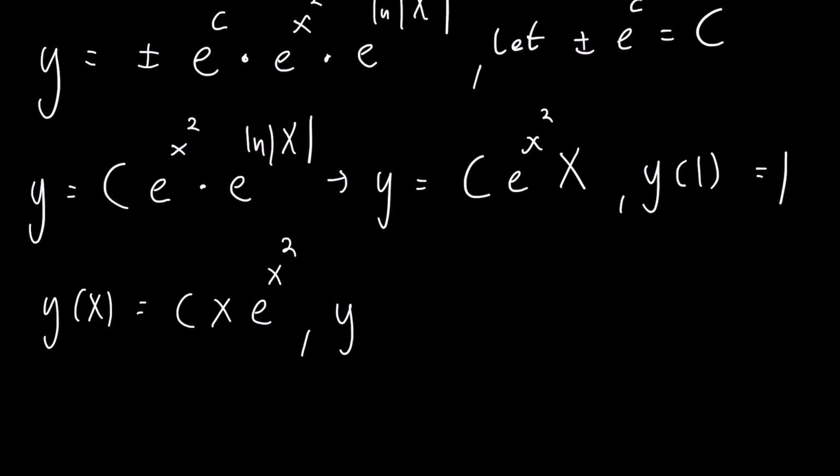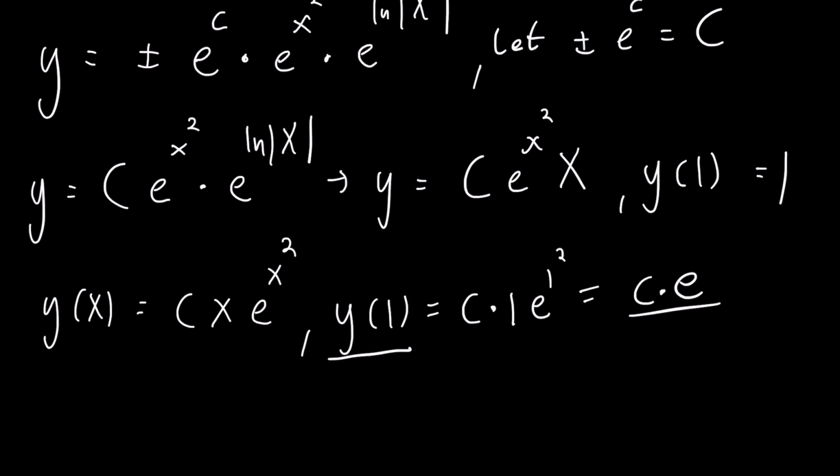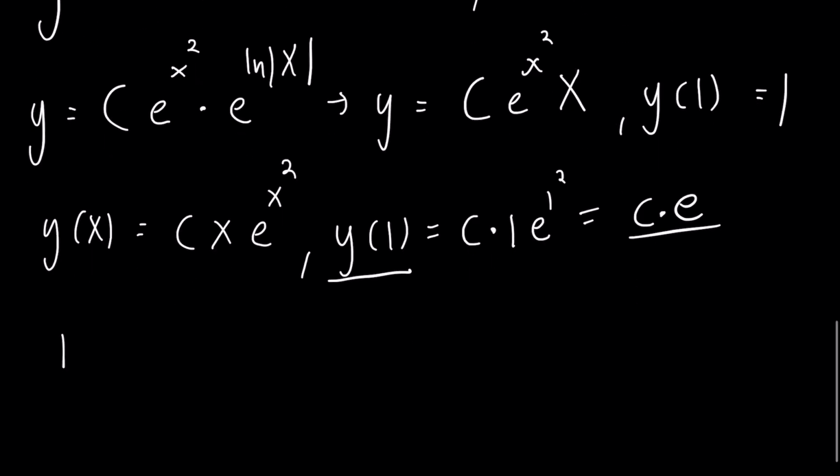So if we just plug in x equals 1, we have c times 1 times e to the 1 squared. But that's just c times e. So we have y evaluated at 1 is c times e. But we said y evaluated at 1 was exactly 1. So we have 1 equals c times e. And solving for c, we have c equals 1 over e.